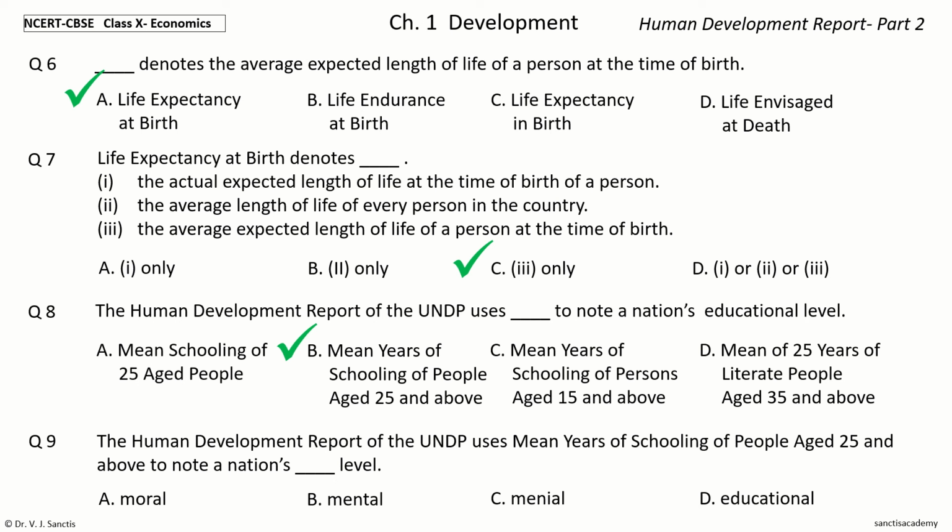Your time to choose. And the answer is educational. So, the Human Development Report of the UNDP uses mean years of schooling of people aged 25 and above to note a nation's educational level.